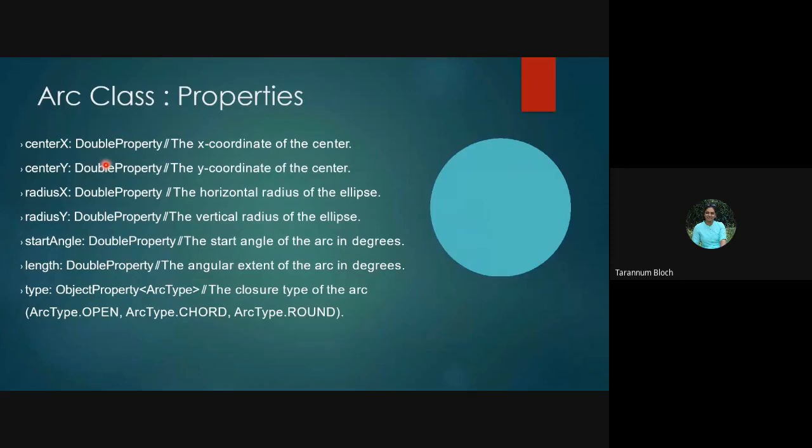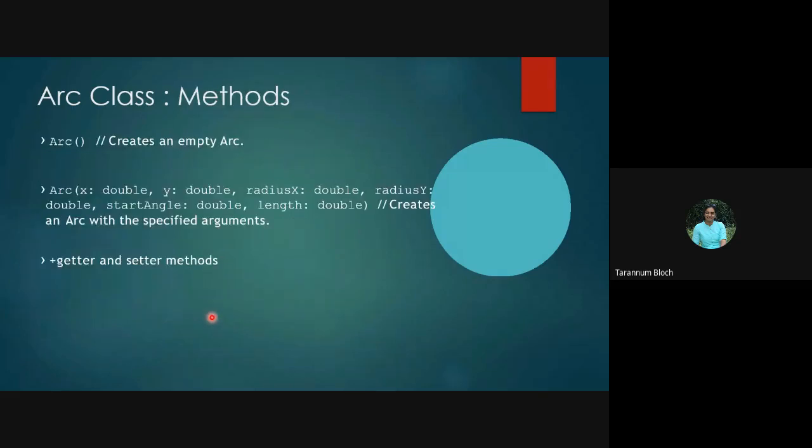So these are the properties of arc: center x, center y, radius x, radius y, start angle, length, right? We have type. You can just specify the type of arc, like whether you want to go with the open or chord, or you want to go with the round. You can specify this object property, right?